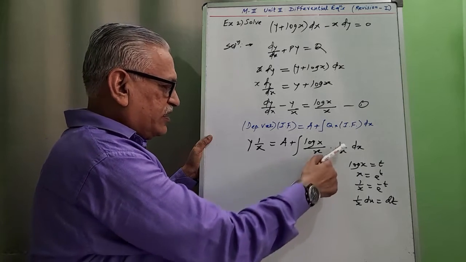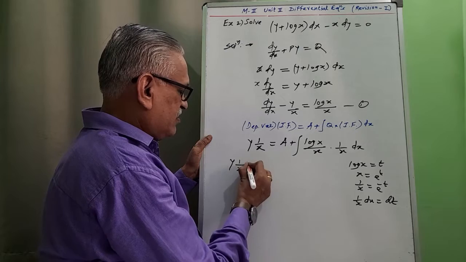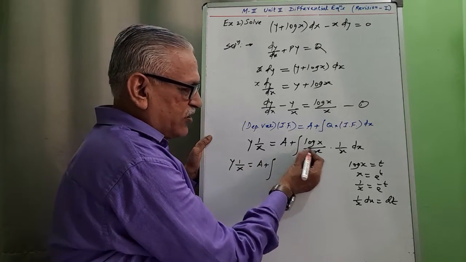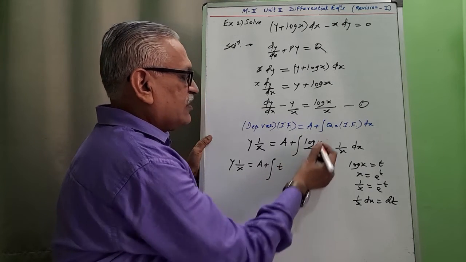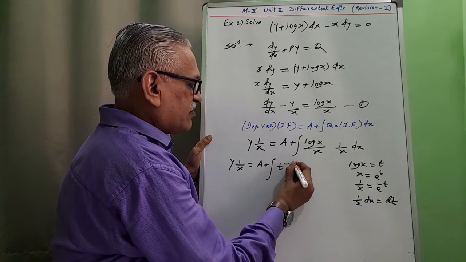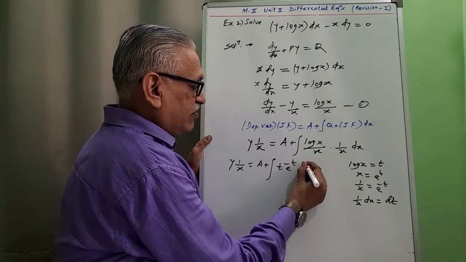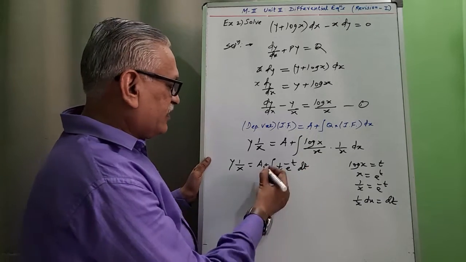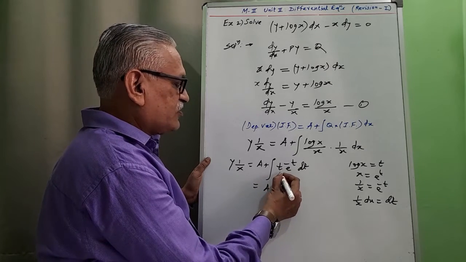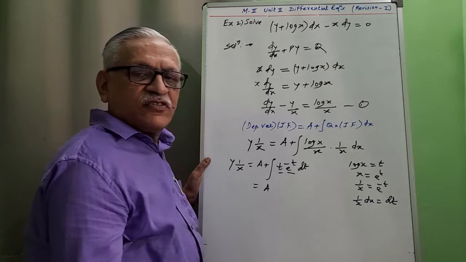Using all this information, we get that step as y into 1 by x is equal to a plus integration of log x, which is t, 1 by x is e raised to minus t, and this 1 by x dx is dt. And then integrating it by parts: first term t algebraic, second e raised to minus t.